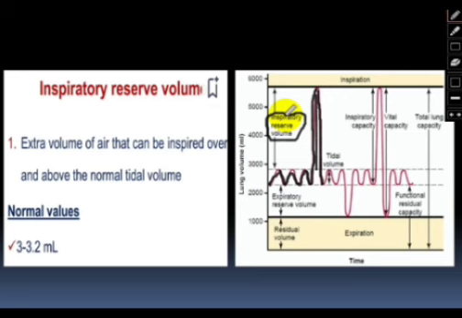So let's solve the mathematics. Inspiratory reserve volume begins from here. Okay? What do we call these points? 2,000, 2,700.